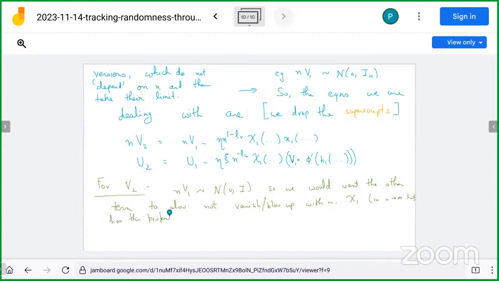Each entry, which are IID, like the entries are IID, of x1 also has this property.